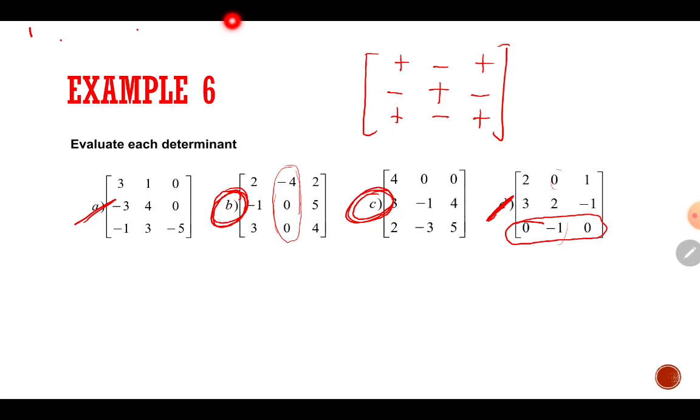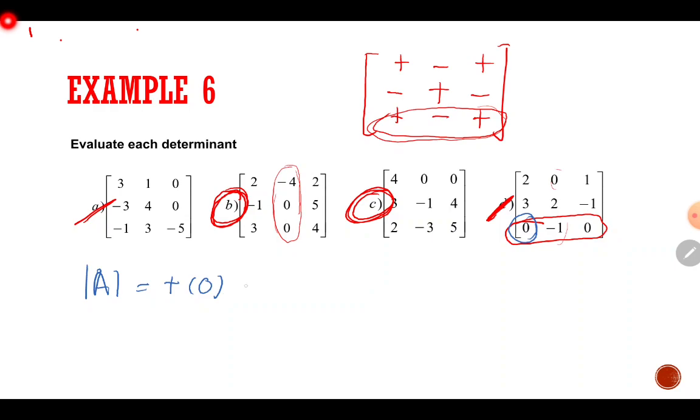Okay, when we choose the third row, maksudnya kita akan guna this one, positive, negative, positive, right? So the determinant of D is equals to C. For this one also positive, kita just darab je dengan kosong dulu.